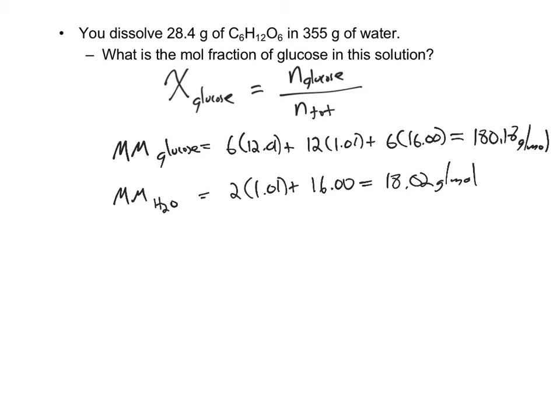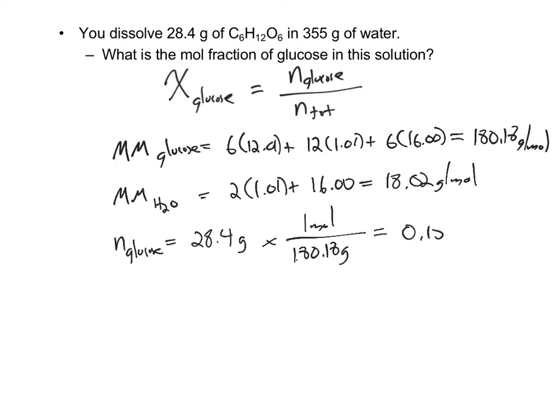So now I need the moles of each one. So the moles of glucose, I'll take the 28.4 grams of glucose, divide that by the molar mass, and I get 0.158 moles of glucose. I need the moles of water.